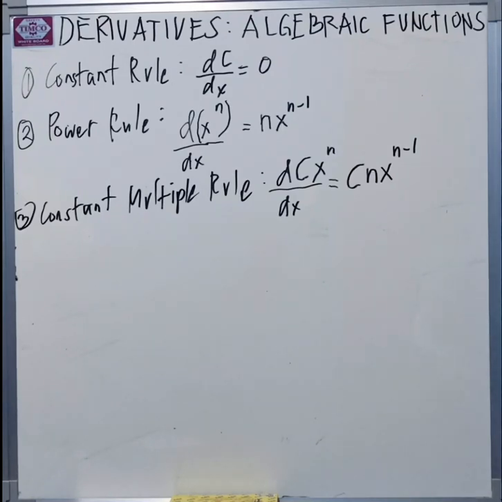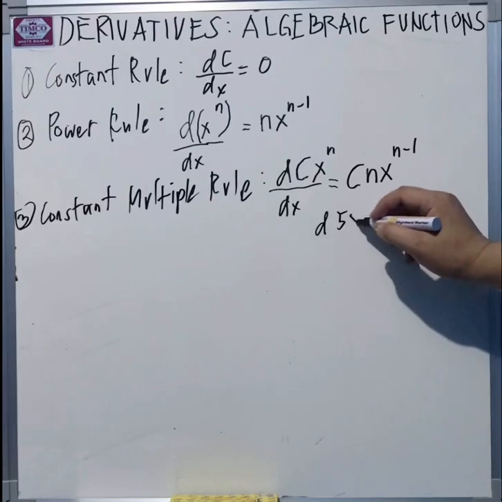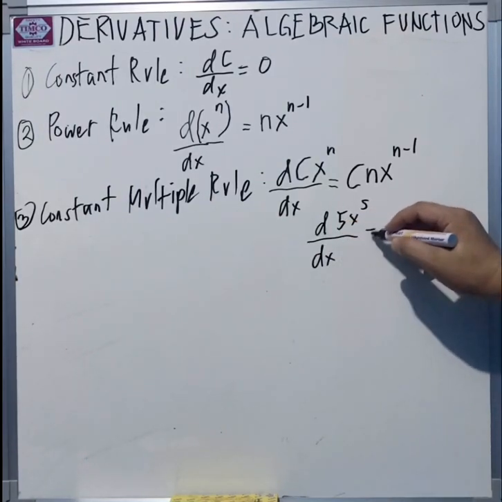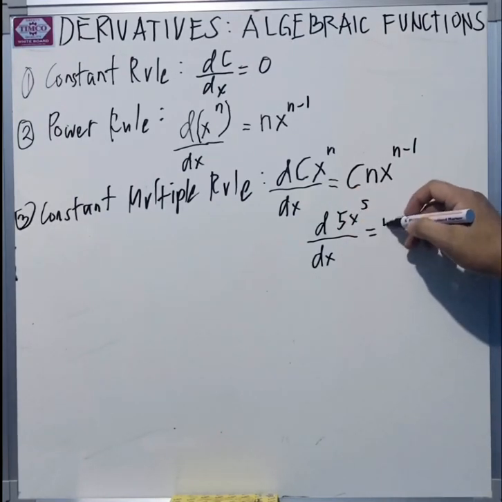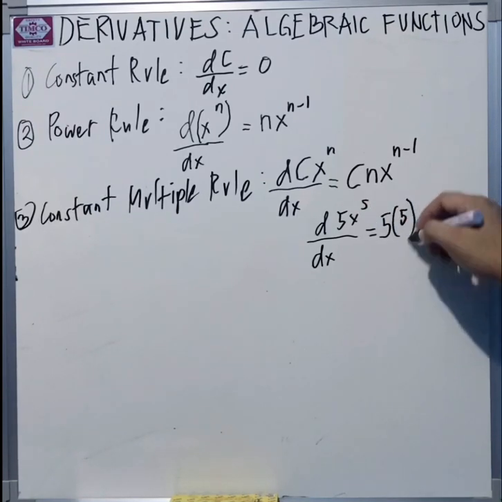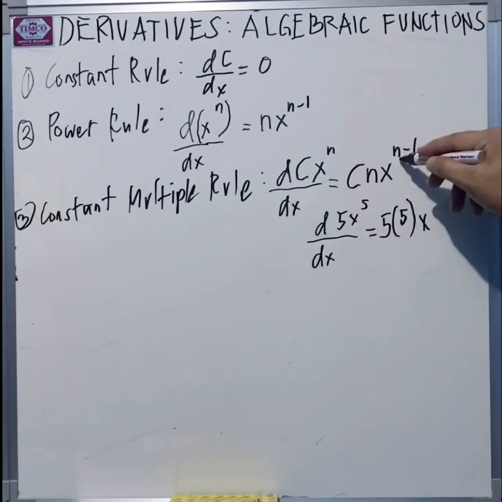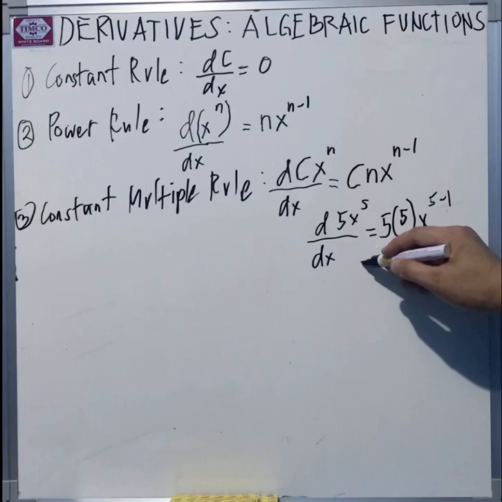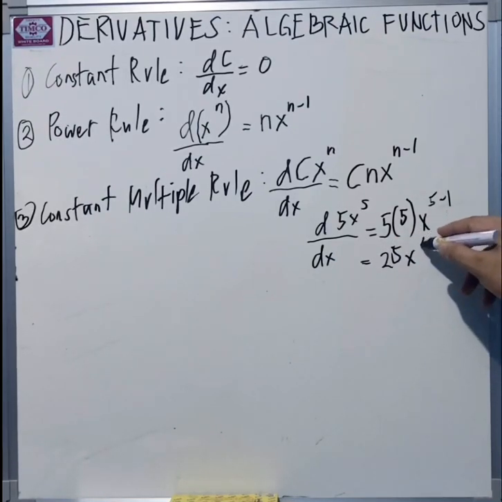For example, we need to find the derivative of 5x to the 5 with respect to dx. We will apply this. We have the constant 5 times the n, which is 5 also, times the variable x raised to the n minus 1. So we have 25x to the 4.